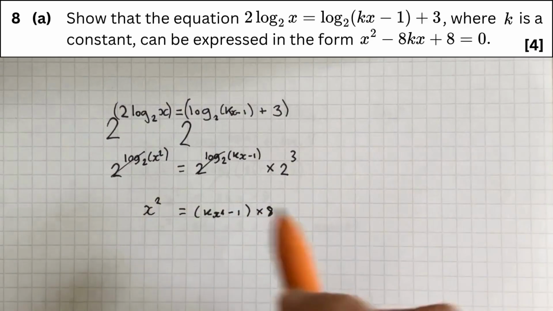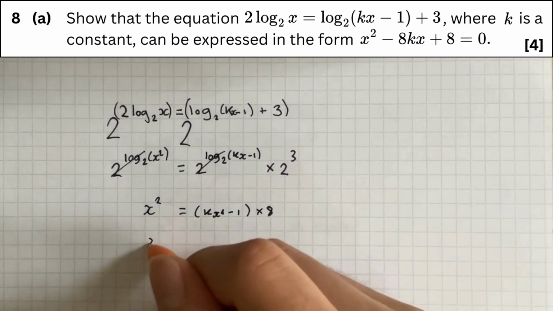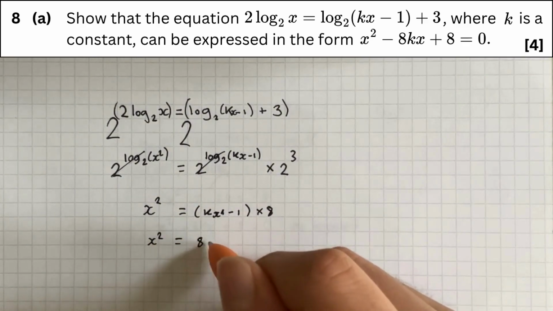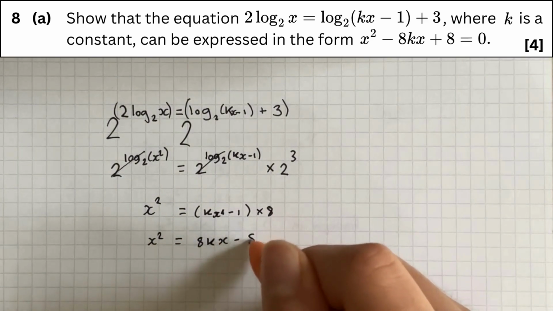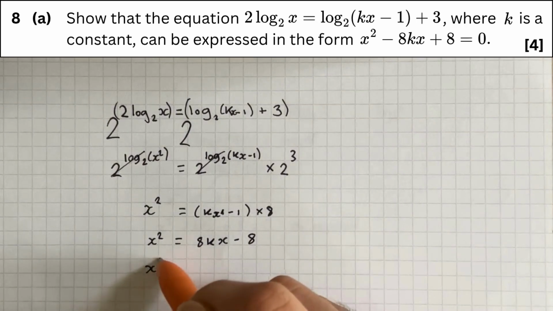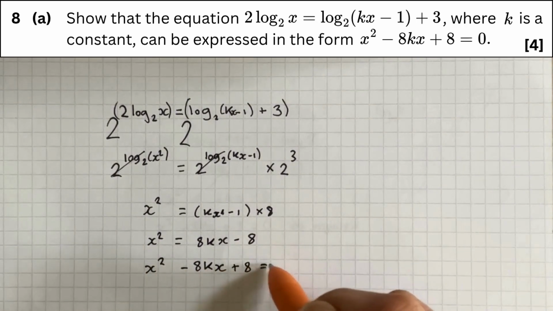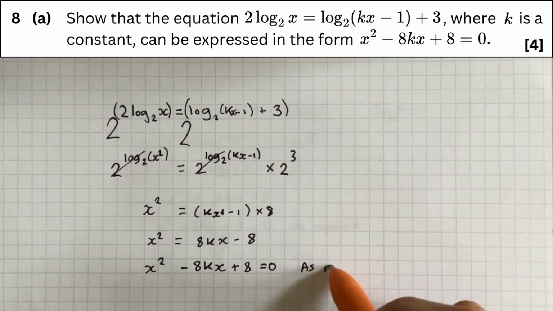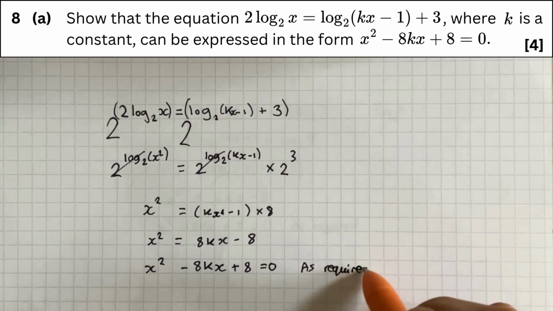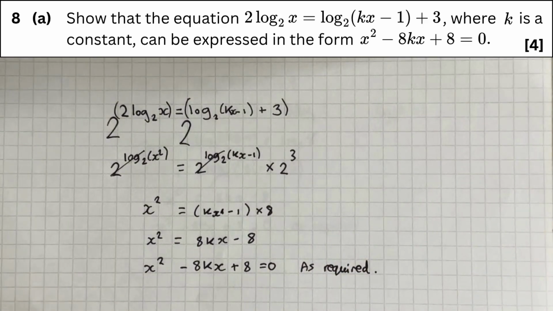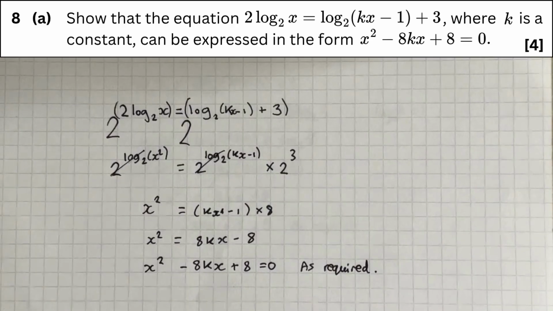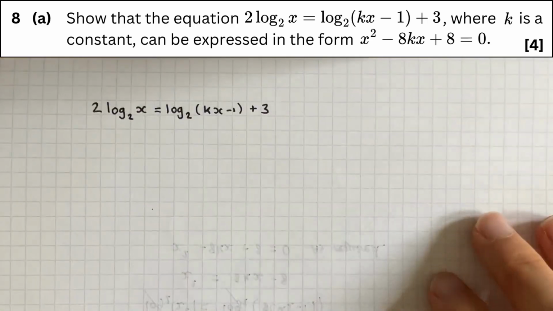So we can say x squared is kx minus 1 times by 8, which we can then expand and then simplify all onto one side just as before. And luckily we get the same answer. But I did promise you 3 ways, so here's a third way to do it.